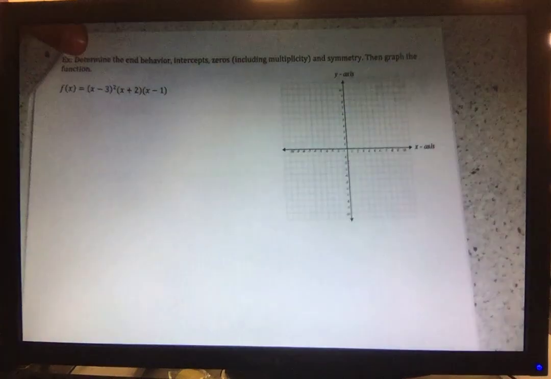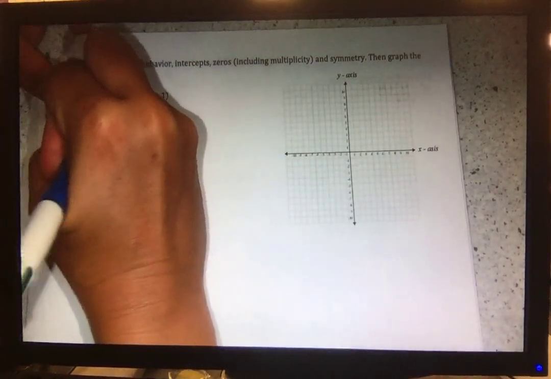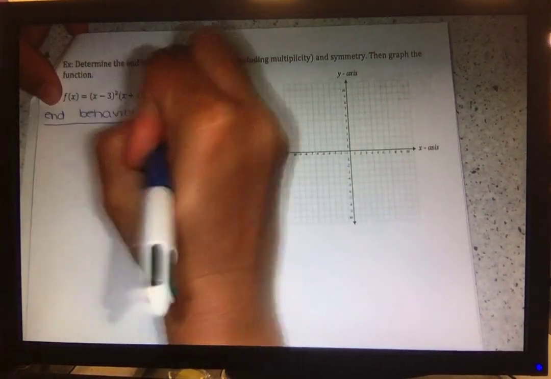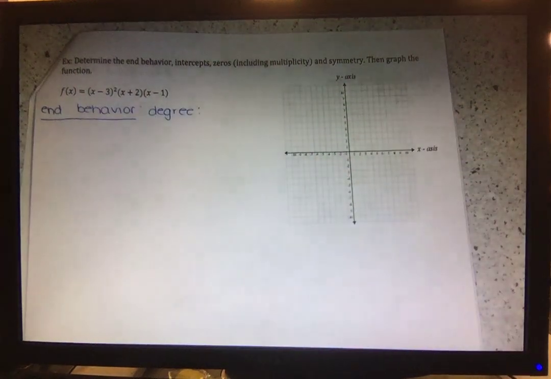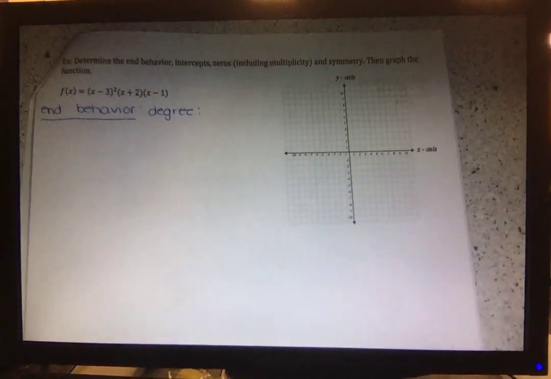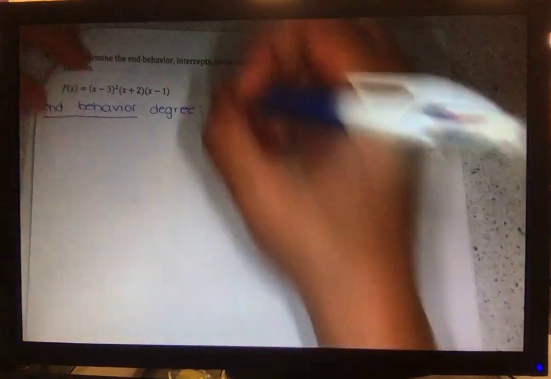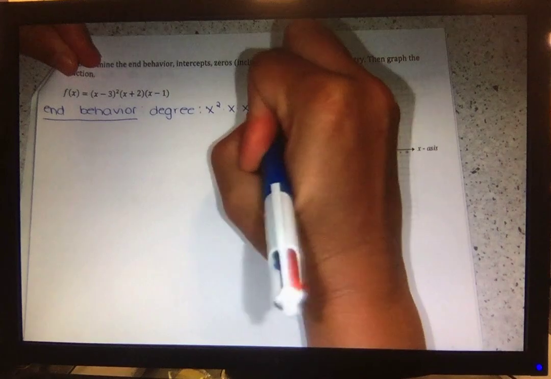The first thing we have is our end behavior. For our end behavior, we need to know the degree and the leading coefficient. This one is not multiplied all out for us. If it was multiplied all out, what would be our highest exponent? 4. Good. We have x squared times another x times another x, which would give us x to the fourth.